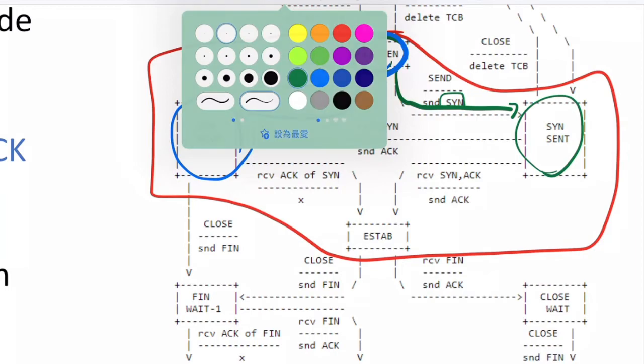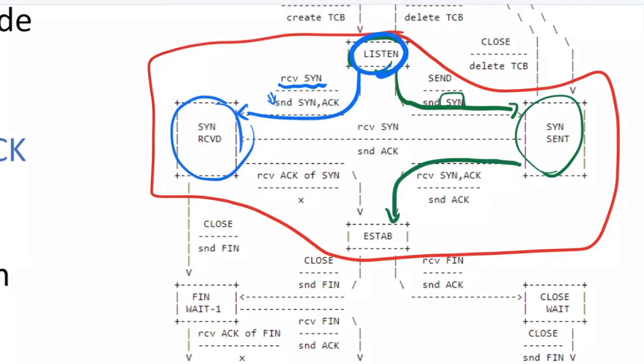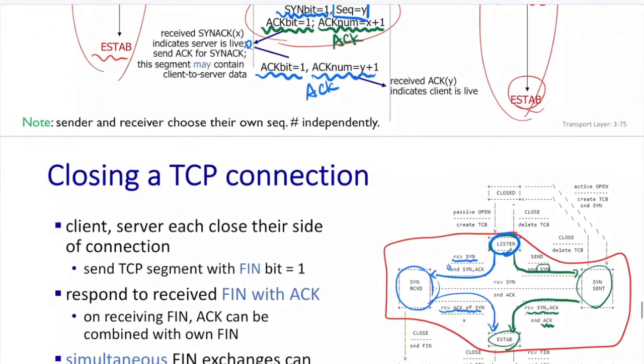So again, we go back to here. After the sender, the left hand side A, receives the SYN ACK, it will send the last ACK and go to established state, right? So again, the ACK will be received right here to make the finite state machine transit to the established state.